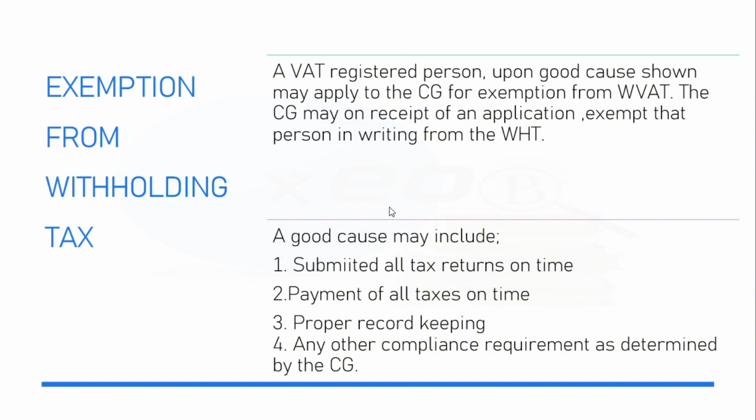Someone may ask, what does it mean to show good cause? Some of the things you need to do are to make sure that you've submitted all your tax returns and made payment of all taxes on time. You also kept proper books. Before they even register you for VAT, that's one of the requirements. And then there are some compliance requirements the Commissioner General may determine later.